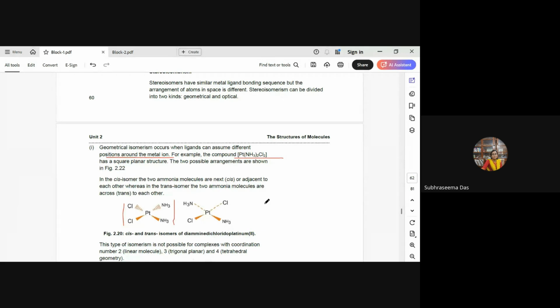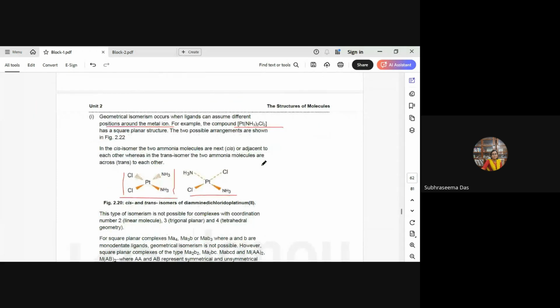In the first case, when they are adjacent to each other, the isomer is called the cis isomer. When the two ammonia molecules or the chlorine ligands are opposite to each other, they are called trans isomers. So geometrical isomerism mostly consists of two forms, the cis isomer and the trans isomer.